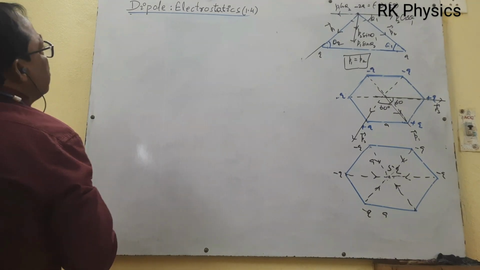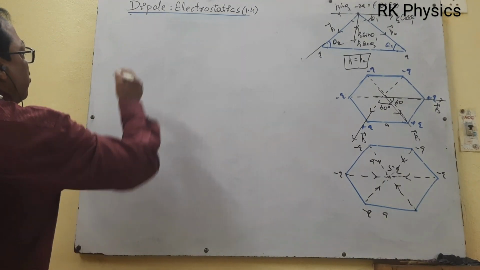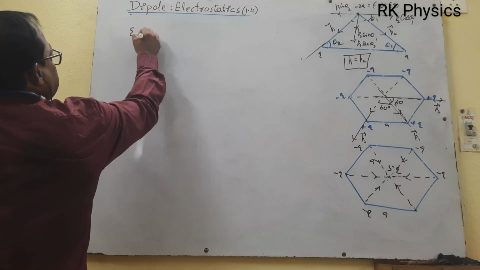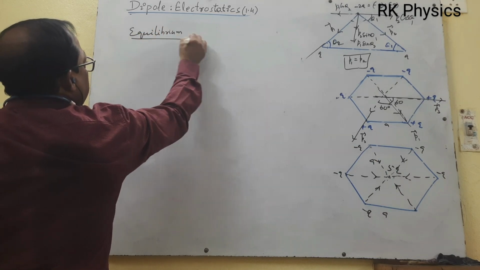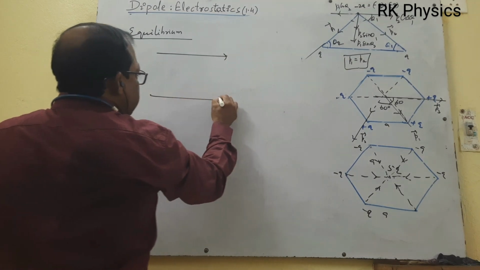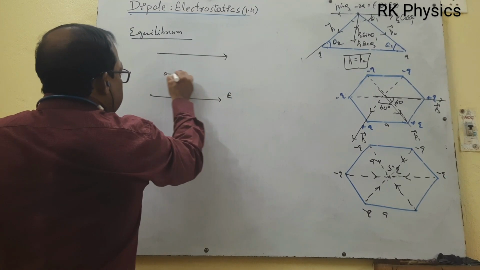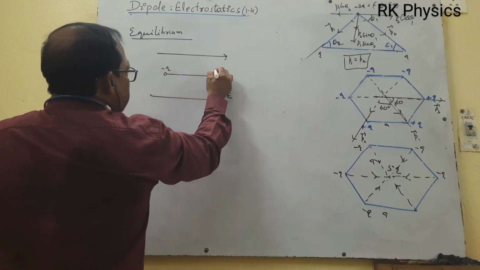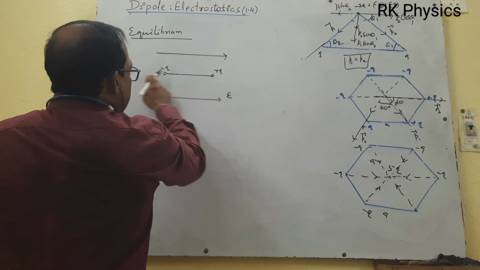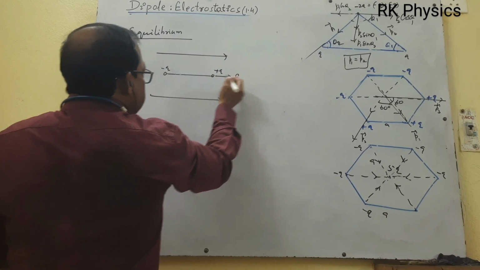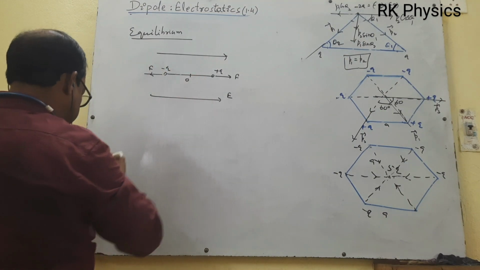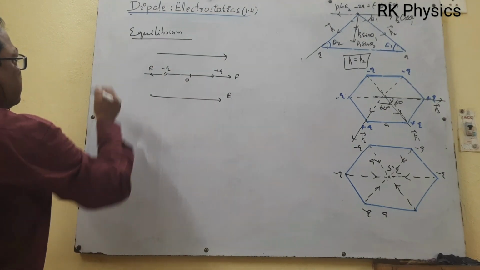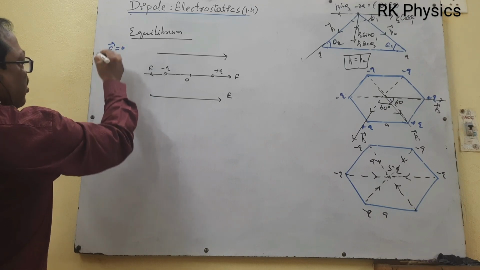Now at last we will discuss equilibrium. If the dipole is placed in a uniform electric field, this is E. Suppose the dipole is minus charge to plus charge, the plus experiences a force of repulsion. This is the midpoint of the dipole. Now in this case, the resultant force is 0.